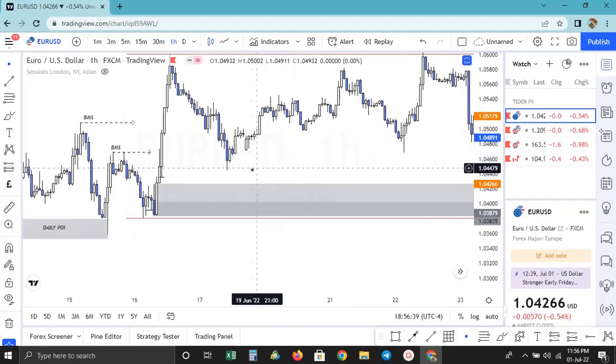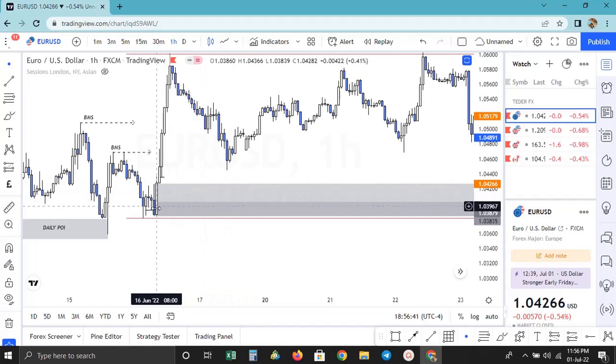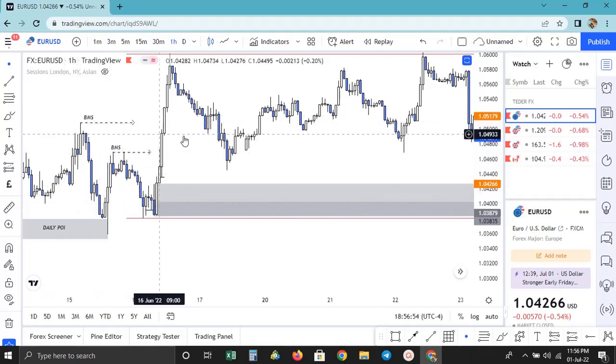So probably this was the candle I was looking to target right here, right? This was the candle that came in with momentum that led to this break of structure.